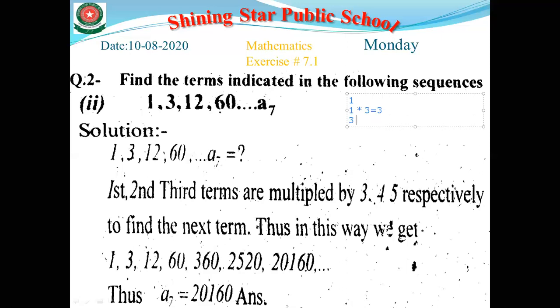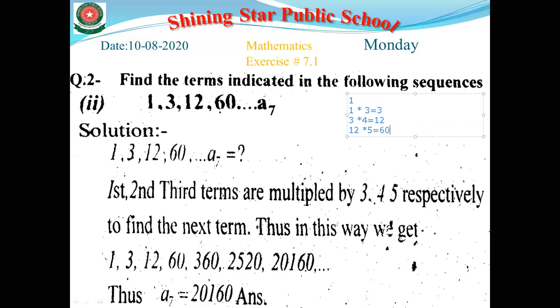Now 3 multiply 4 is 12. Now 12 multiply 5 is equal to 60.